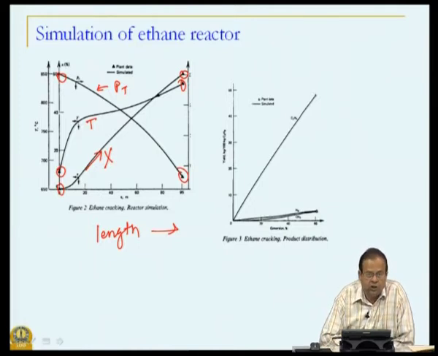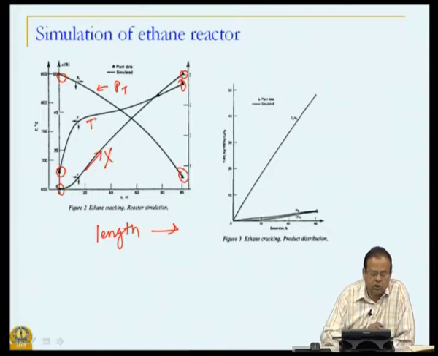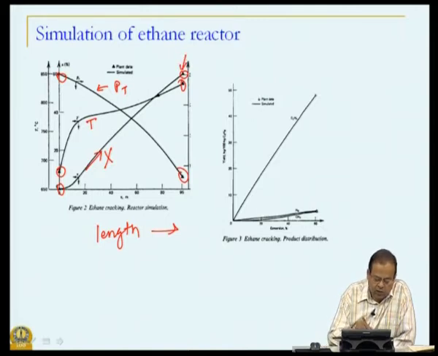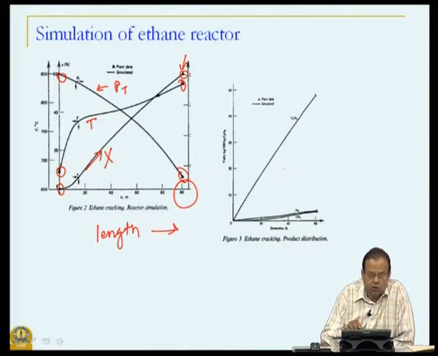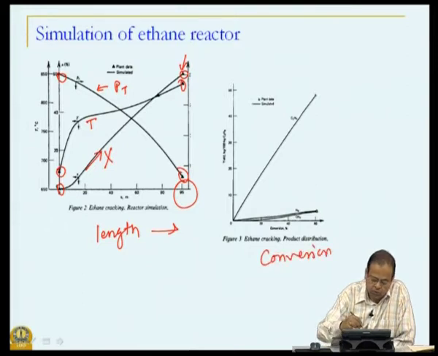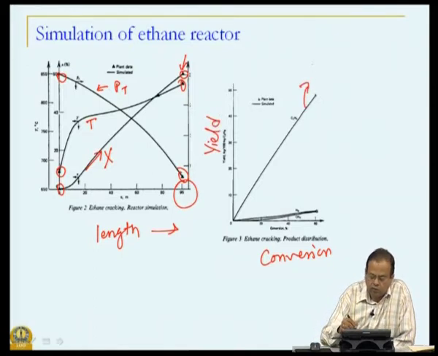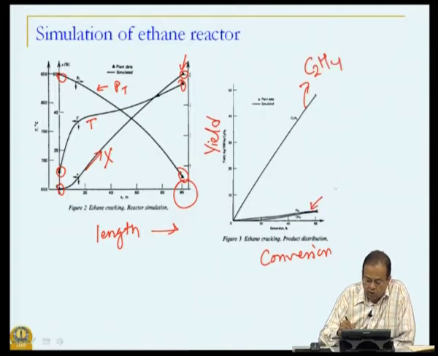So, for example, this tells me that if I want to conduct my reaction up to 60% conversion, I have to have a reactor which is about 95 meters long, and in fact that is the kind of reactor length that is used. And on the side here is again a yield conversion diagram for the industrial reactor. So, we have yield of ethylene over here and yield of methane and hydrogen.